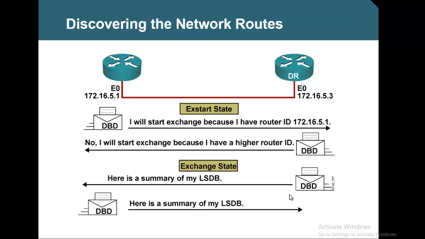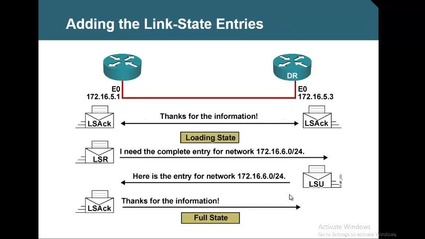So only the router ID matters in a point-to-point network, in a serial link. The one with the bigger router ID will say we are masters. The one with the lower router ID will say we are slaves.